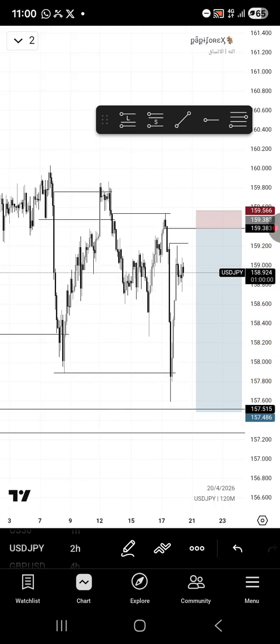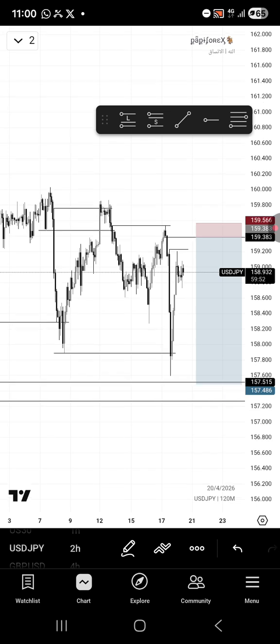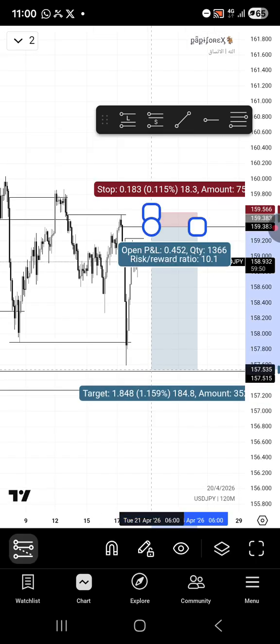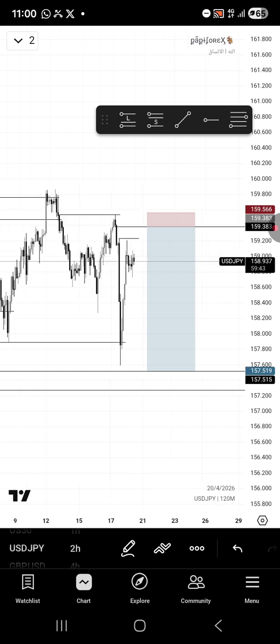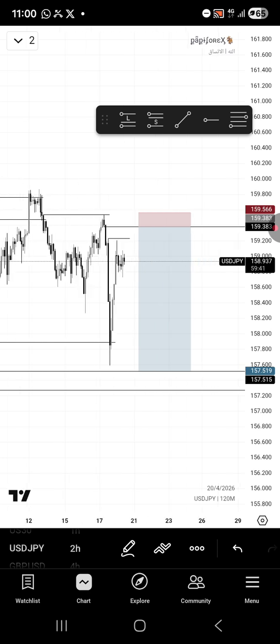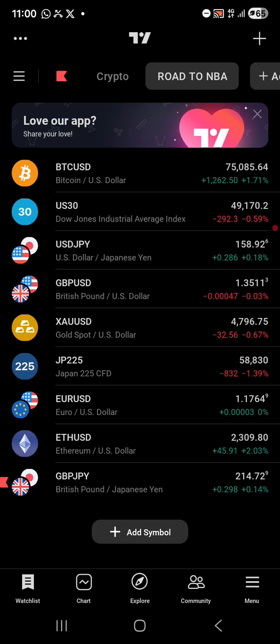So I think in my next video I will do a video talking about liquidity sweep and liquidity run, how to confirm it, because this video is already lengthy. So I'll talk about that very well. But with what I said, you can just go and backtest it yourself. So that's why I'm selling UG.